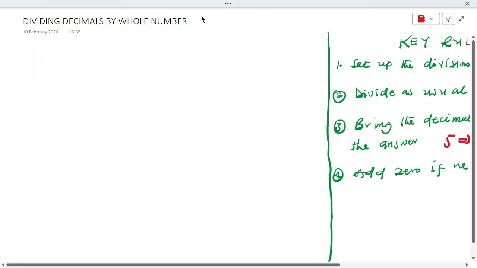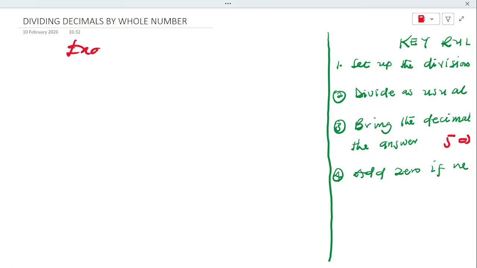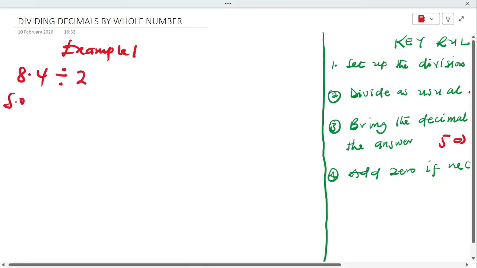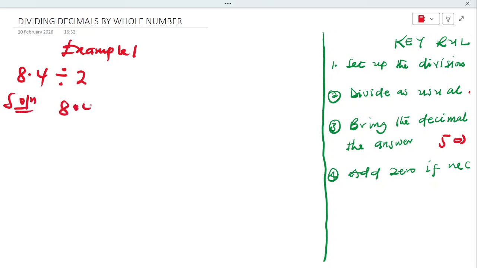All right, so let's look at example number 1. Example 1 says divide 8.4 by 2. So 8.4 divided by 2. For our solution, the first thing is you write 8.4 divided by 2.